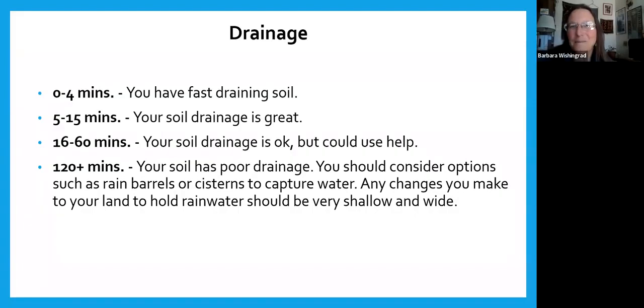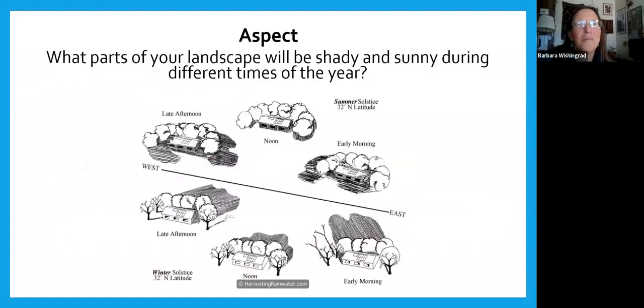So next. Okay, aspect means how much sun or shade you get in a particular location at a particular time of year. And that is really a good thing to be able to notice, because plants like either sun or shade or a combination.